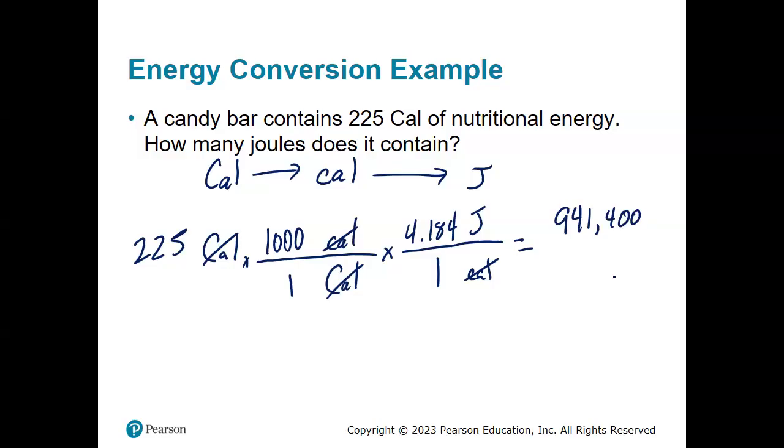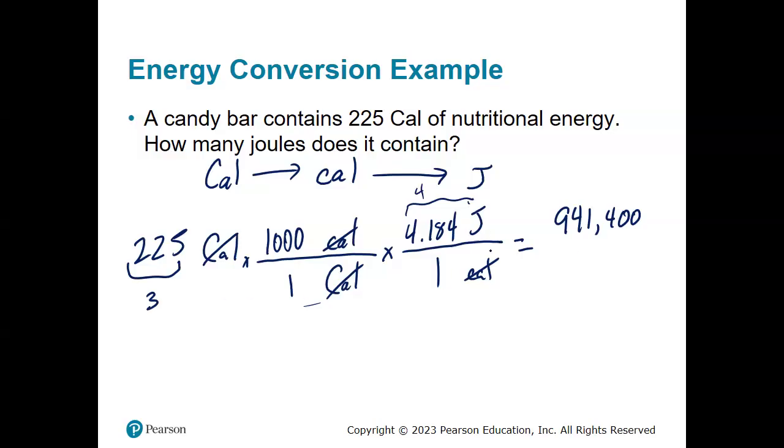How many significant figures should I round to here? Those of you giving me the 3, that's correct. How do we know that? Well, we started with 3 sig figs here. This is an exact conversion. And even though this one is not, it still has 4 significant figures in it.